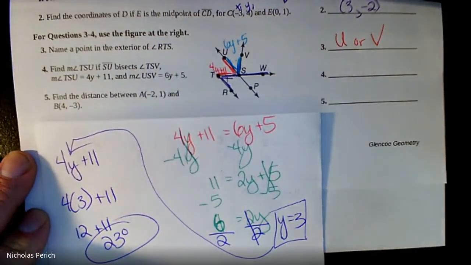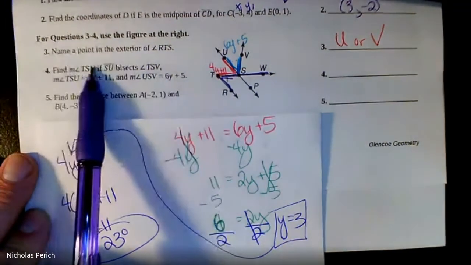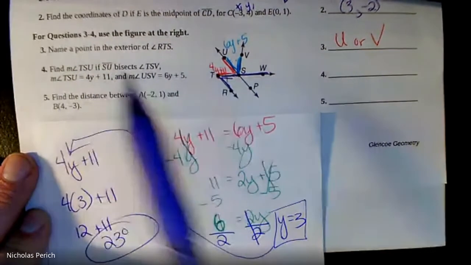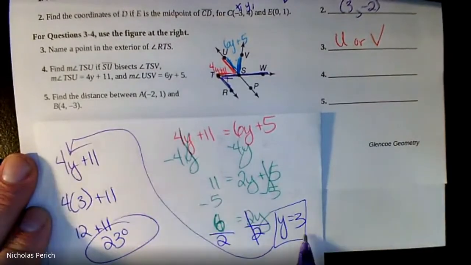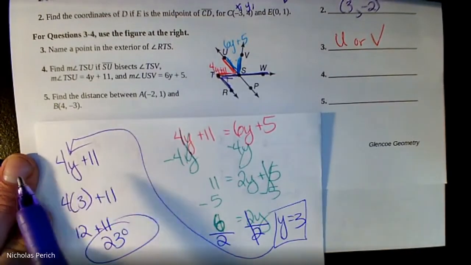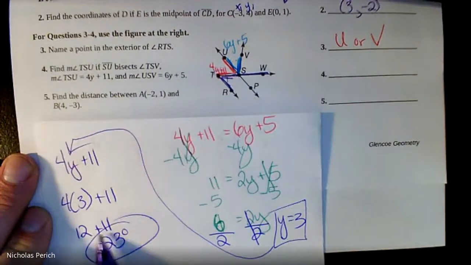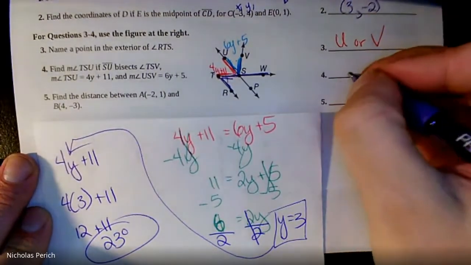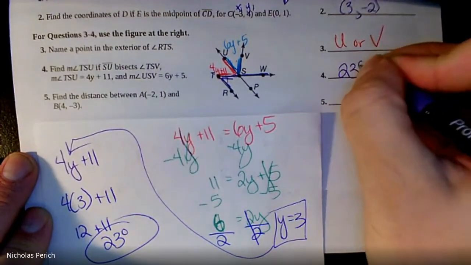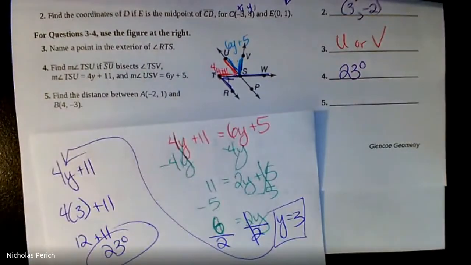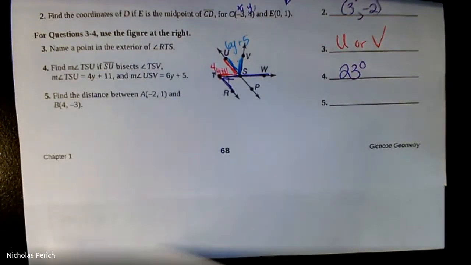Santi is right. So since it asked me to find the measure of angle TSU, TSU was 4y plus 11, y was 3. I plugged 3 into y. 4 times 3 is 12. 12 plus 11 is 23. And we're going to test the degree symbol because it's an angle measure.